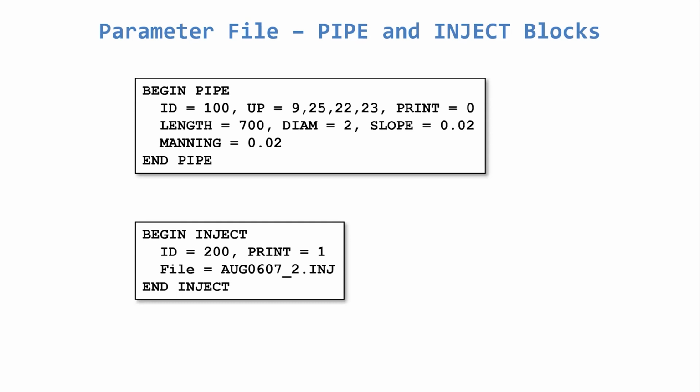So pipe and inject. If you've got a pipe in the system, we need to describe the pipe in similar cases. Its length, diameter, slope. What's the hydraulic roughness of it? Where is the water coming from? And it's coming from these 4 elements upstream into the pipe.